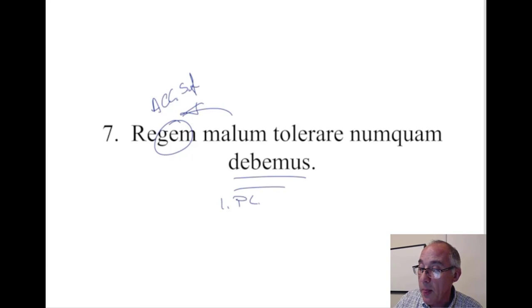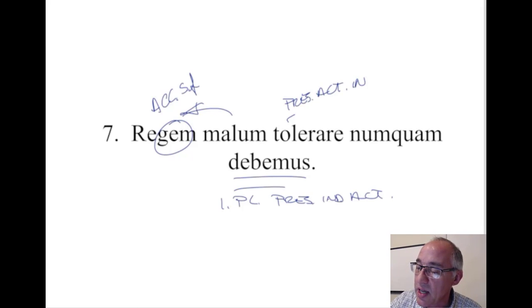First person plural, present, indicative, active. This is we ought. Now, with this word, we expect what? Ding, ding, ding, ding, ding, complementary infinitive. And sure enough, I remember from reading it out loud, tolerare is right there in the middle of the sentence. So, present active infinitive, and its use in the sentence is specifically the complementary infinitive.